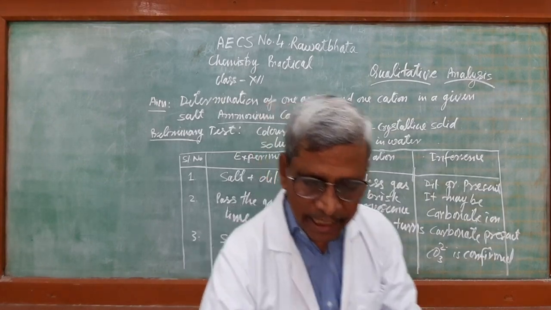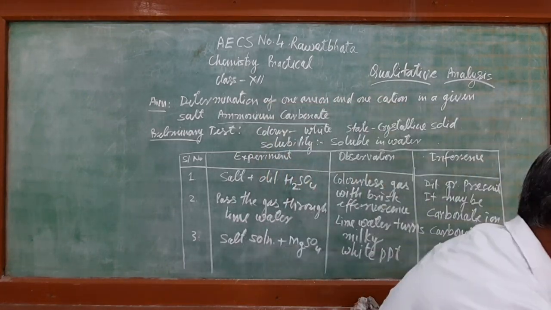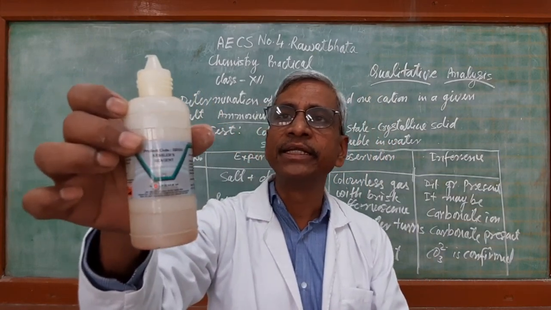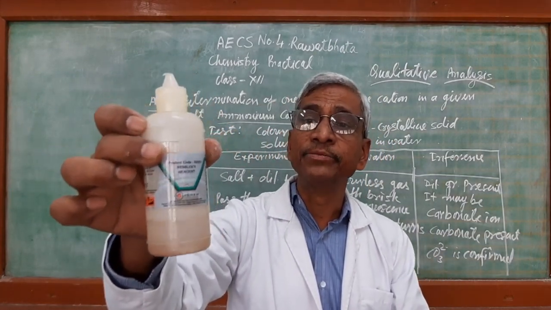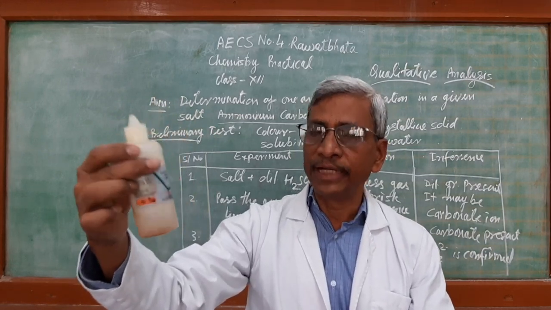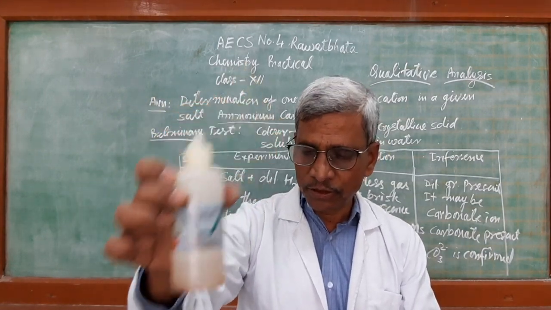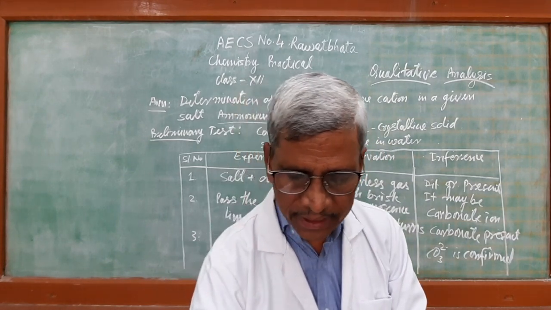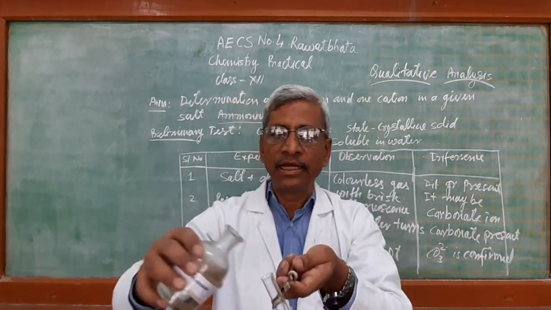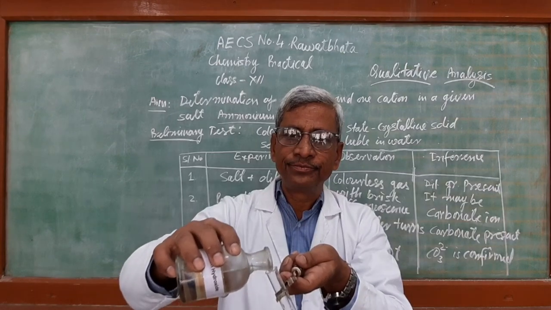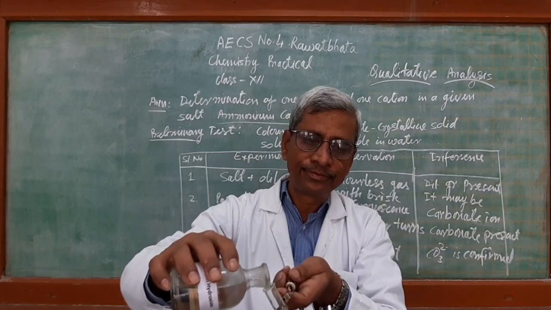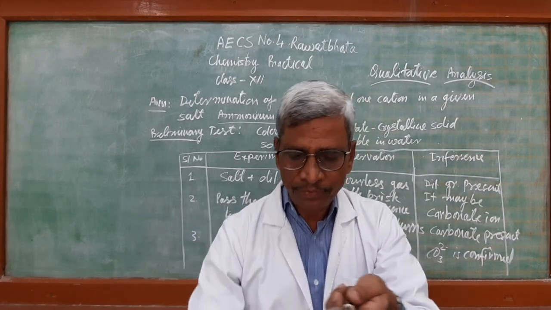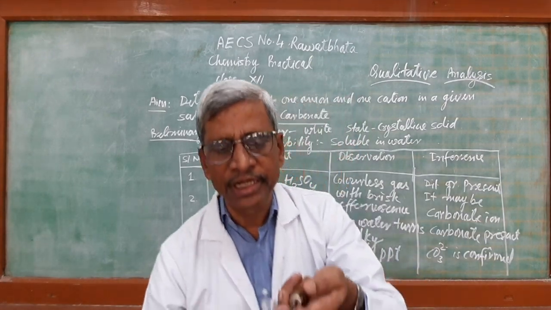Ammonium hydroxide, and then we have to add Nessler's reagent. The second requirement is Nessler's reagent. Here is the reagent. It is ready-made, provided by suppliers. So this is Nessler's reagent. Then what to do? Take the salt, add NaOH, sodium hydroxide, and ammonia gas is being formed.